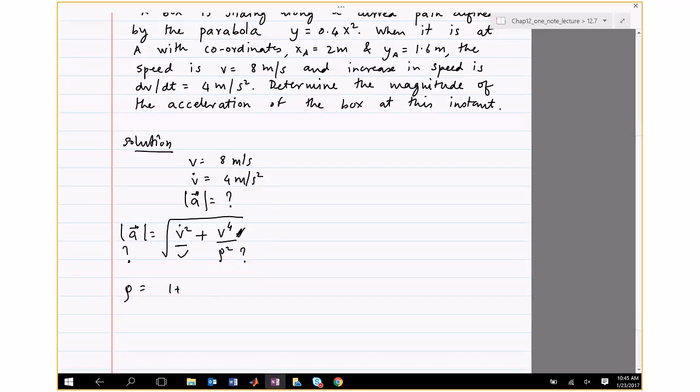1 plus (dy/dx) squared, to the 3/2, divided by the absolute value of d squared y by dx squared. Okay, so we need to find dy/dx and d squared y by dx squared.